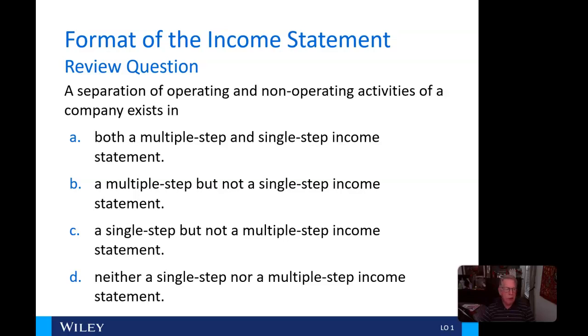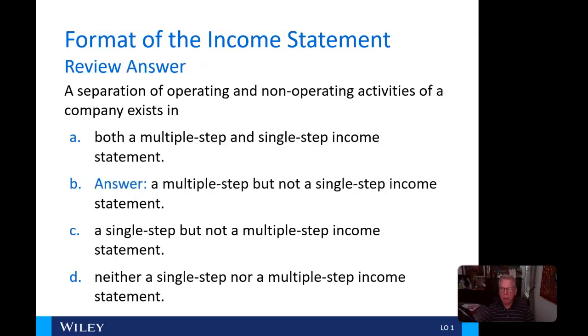Give you a second to think about that. And the correct answer, of course, is answer B. A multiple step does have a separation of operating and non-operating activities, whereas the single step does not.